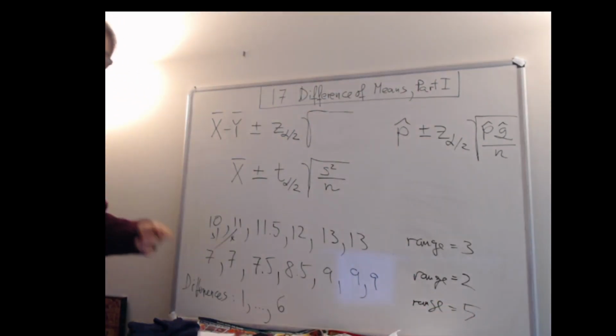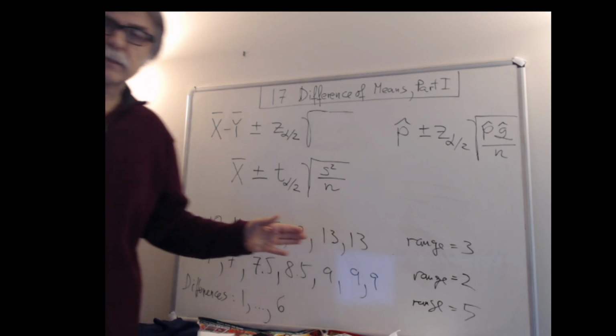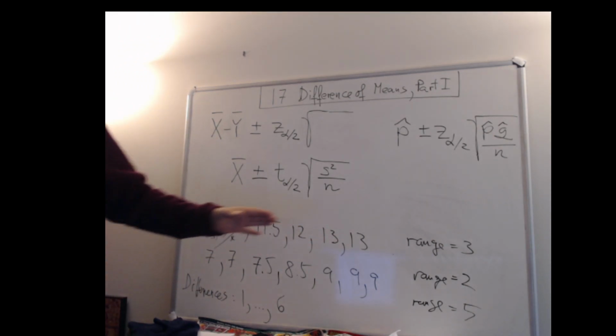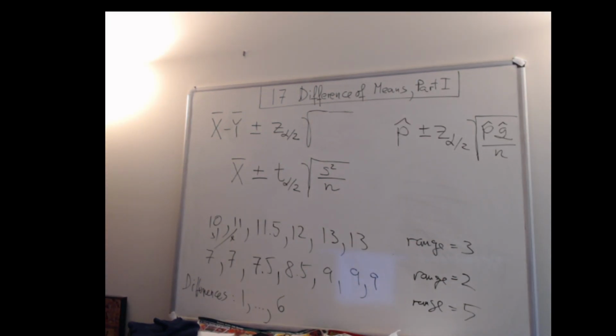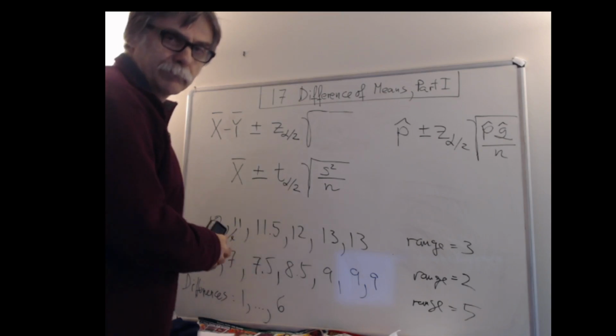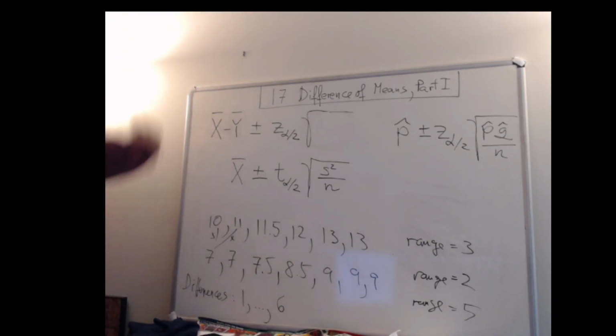Okay? That gives you an idea that the range of differences is equal to the sum of the individual ranges. This thing here is the difference of two means, which is also a mean of the differences.